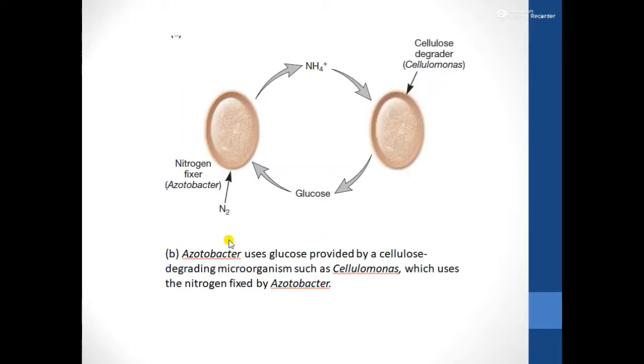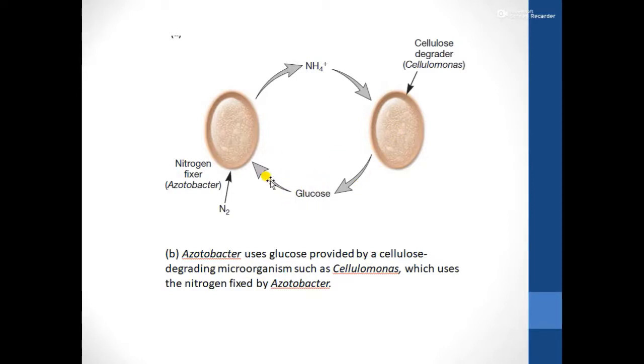Another example of the cooperative symbiotic process is between the nitrogen fixer Azotobacter, as given in the lecture, Acetobacter, and the cellulose degrader Cellulomonas. The cellulose-degrading organism Cellulomonas will degrade cellulose and provide glucose.